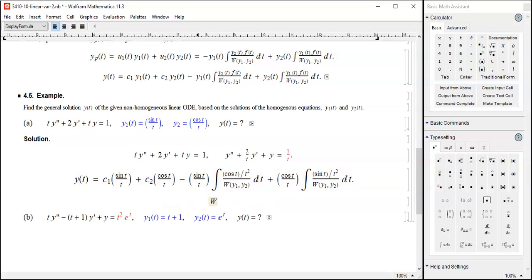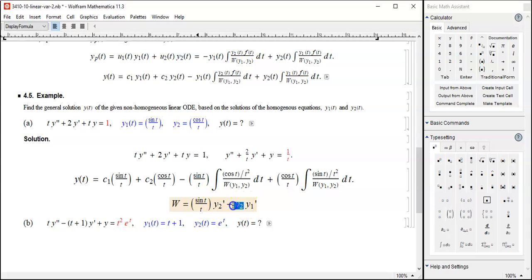Wronskian determinant. Well, okay, all right, let's calculate that thing. So we have y1 y2 prime minus y2 y1 prime. So what is y1? It is sine of t over t.